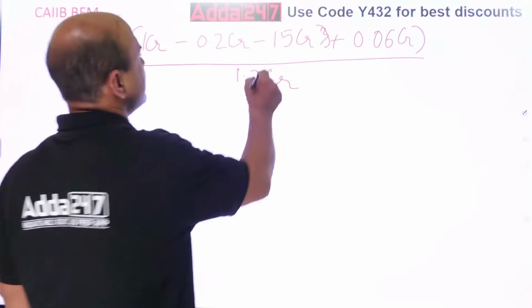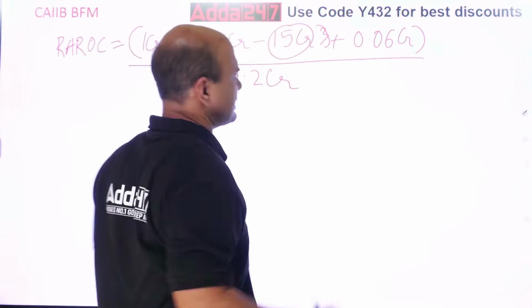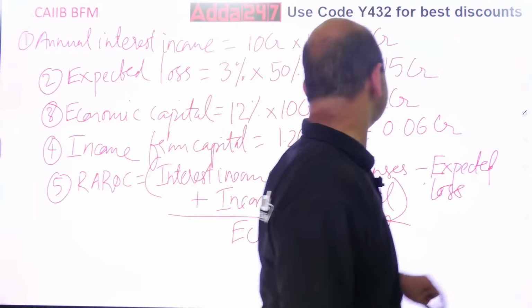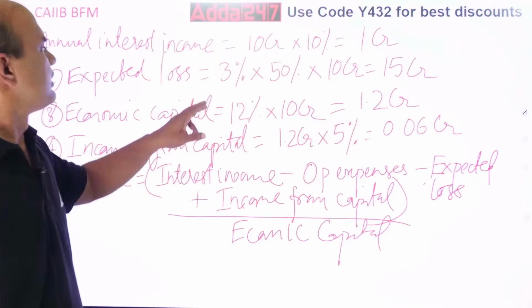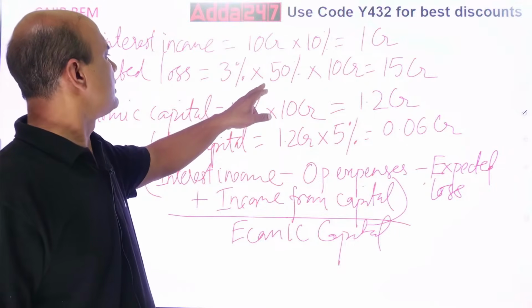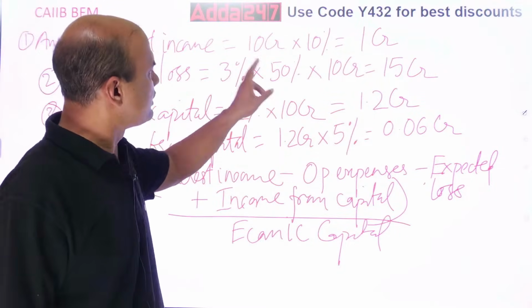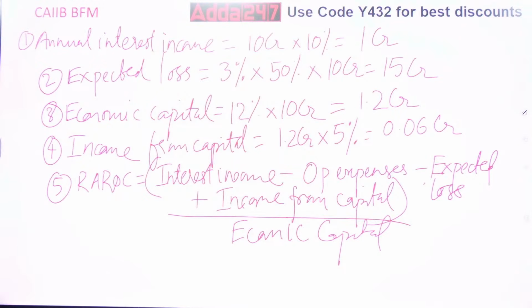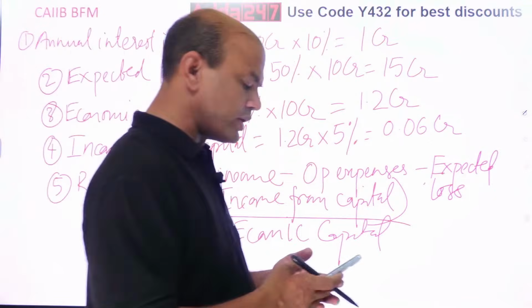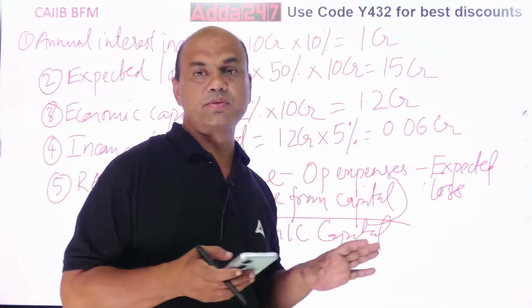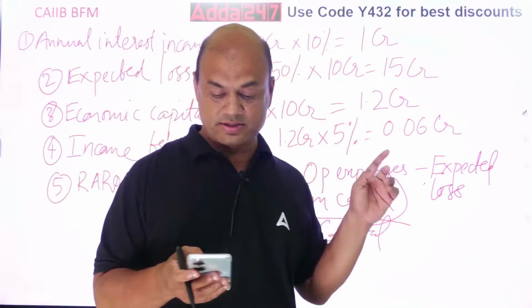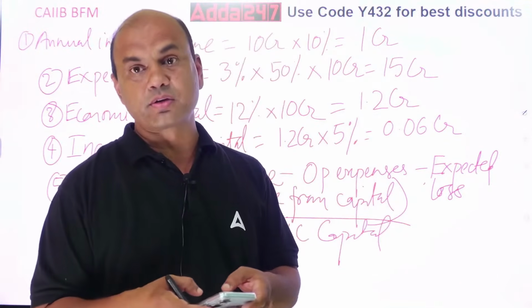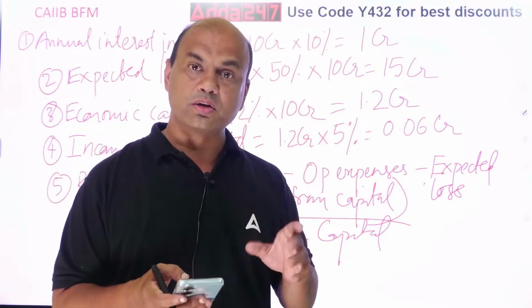This 15 CR is a big error. Let me check this, because this is very important. 3% into this figure is wrong. So what is the figure for this? It's very important that we do it on the calci. Always remember, we should do it on the calci. See, I did this manually and immediately everything went wrong. Do it on the calci always.